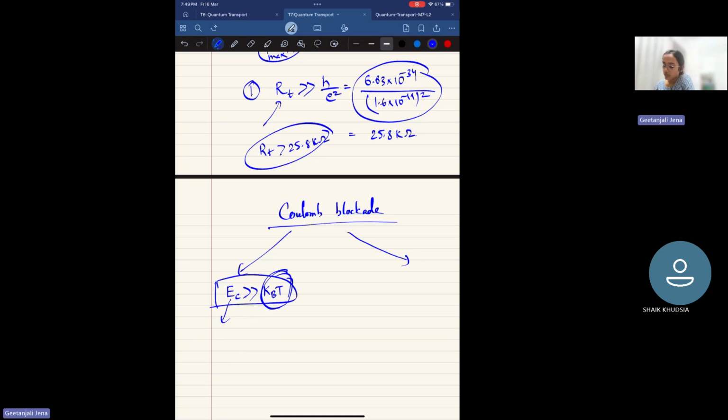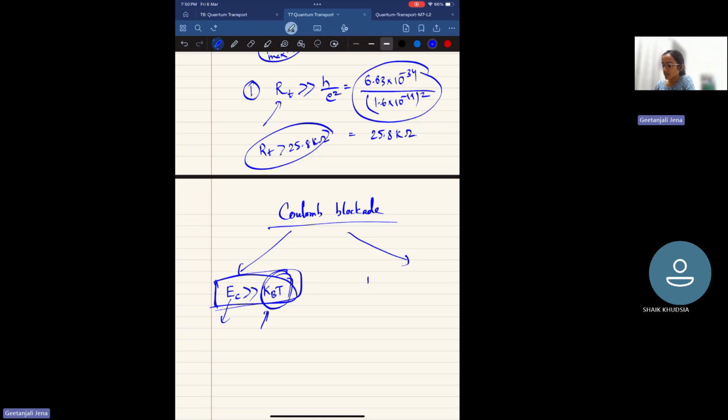We say that the charge is quantized and the charge is added one by one. But if the temperature is not low, then it's not possible to see this tunneling of electrons one by one through this dot region.